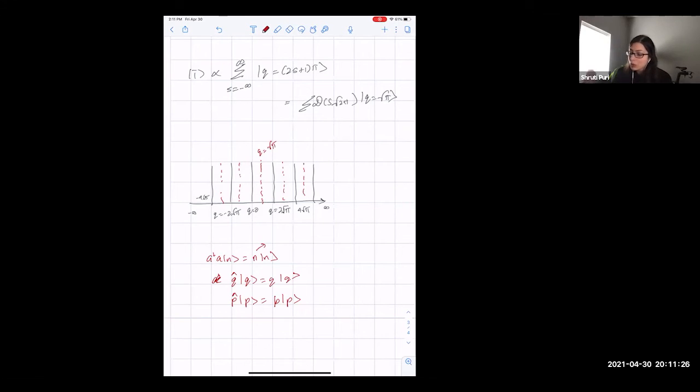Q and P are also directly related to the amplitude and phase of the electromagnetic field, say in your cavity. A dagger A is not really just the amplitude or phase, it's just the number state, basically.